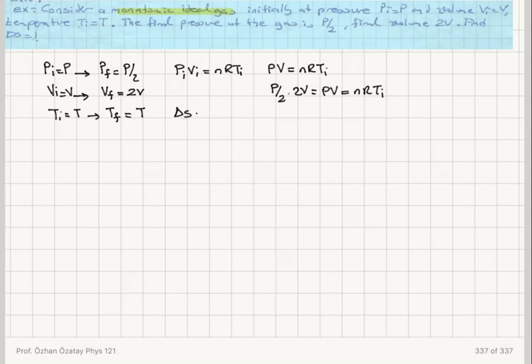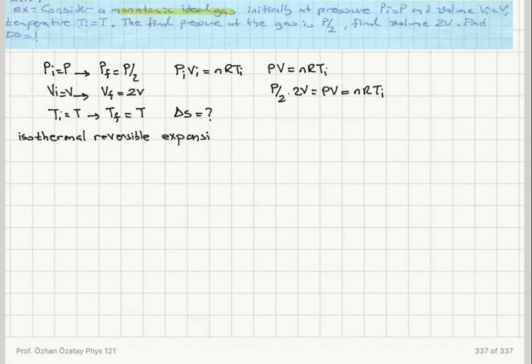What is the entropy change for this monatomic ideal gas? Well, since in this process you have no temperature change, you can think of an isothermal process in order to calculate the entropy change. So let's think about an isothermal reversible expansion.